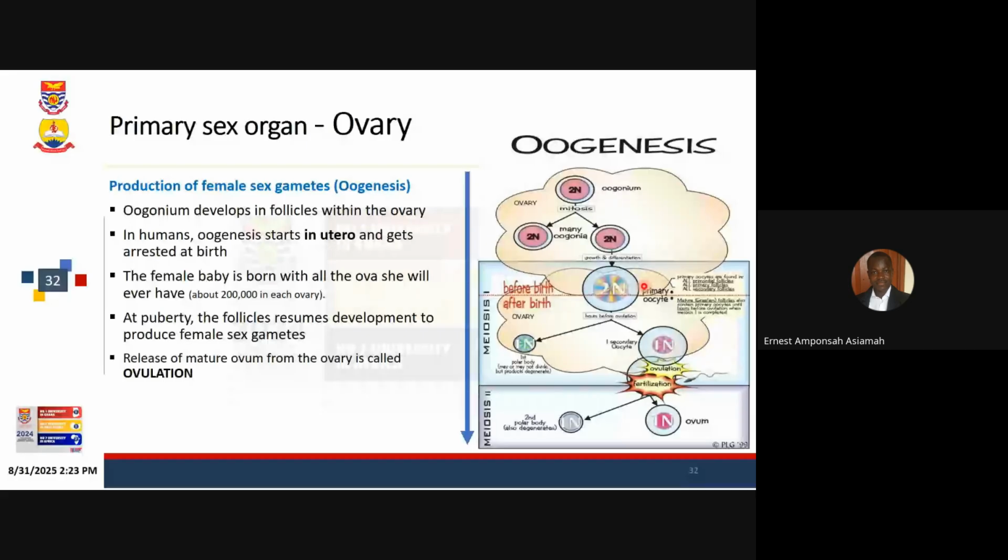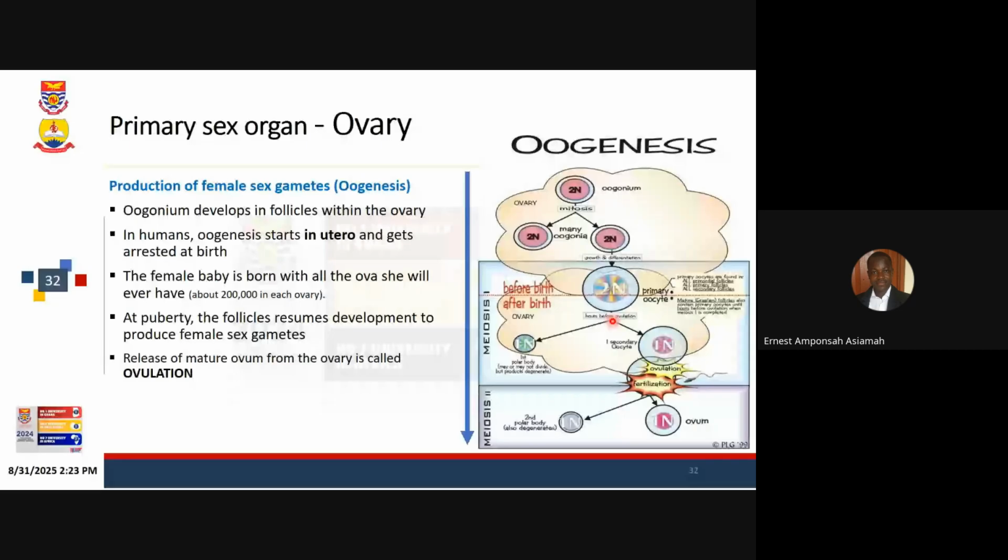That is all before birth. So before birth, this process will continue so that the ovary will be made up of primary oocytes. Now, what happens is that after birth, at puberty, the primary oocyte would continue with the development.